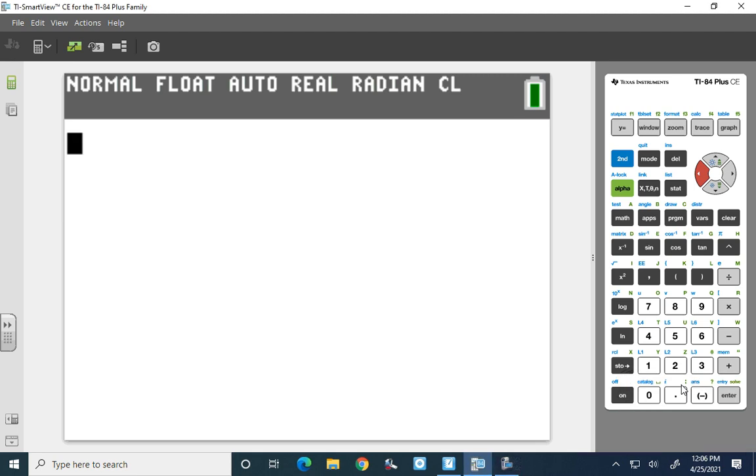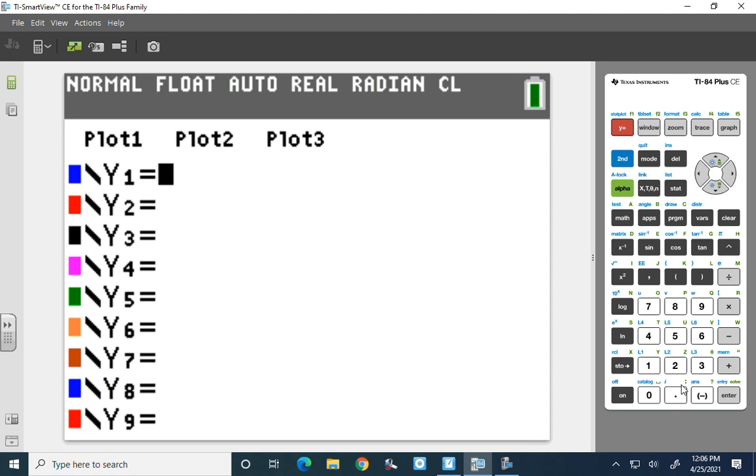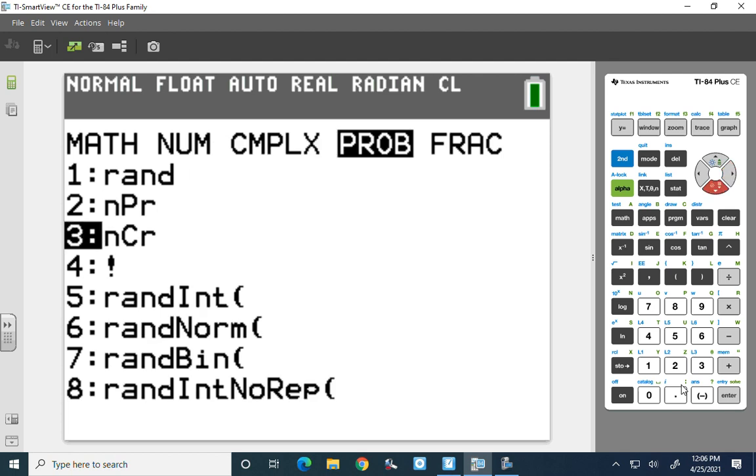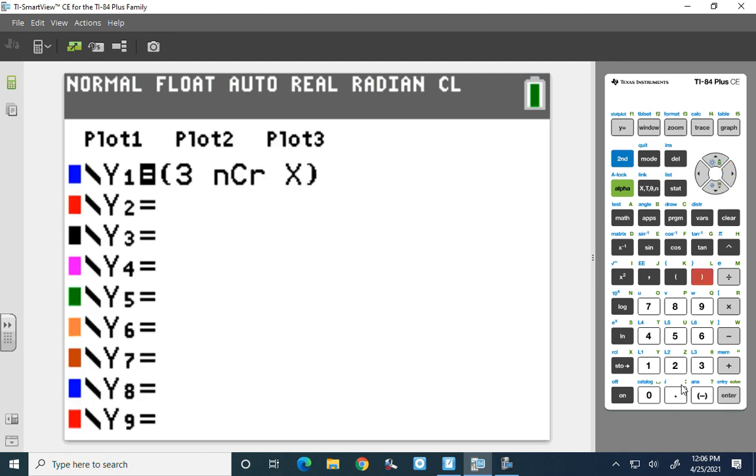All right, so on your calculator, let's just put into y1 the equation. We're going to go over to our table to help us come up with these values here. So in y1, we're going to put in 3 choose x.